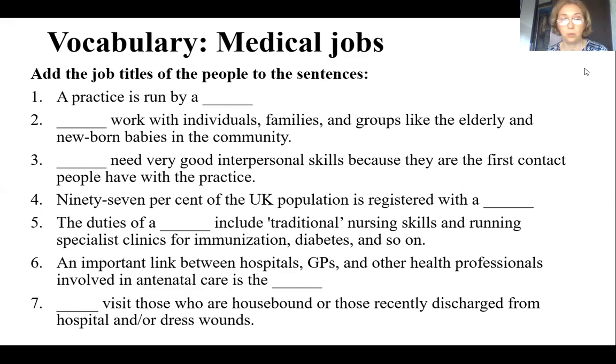Jeren, hello. Jeren is not here, so Marwan, please. Yes, doctor. So, number 4, please.